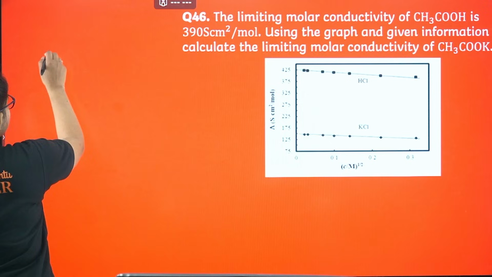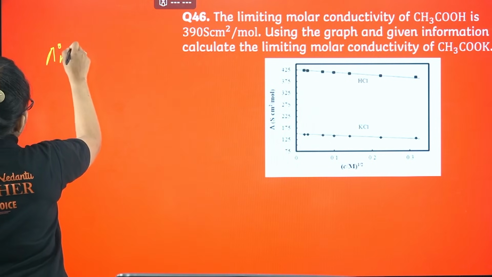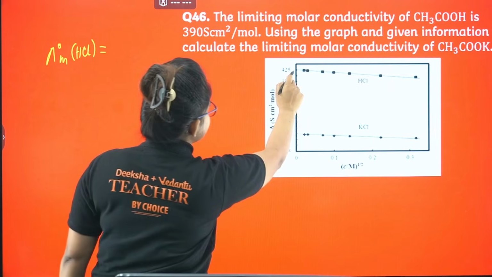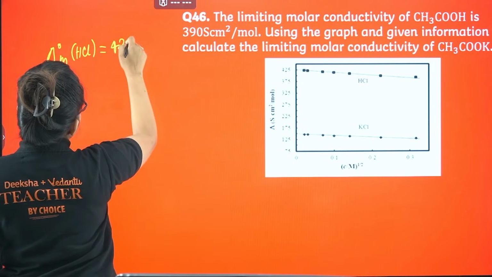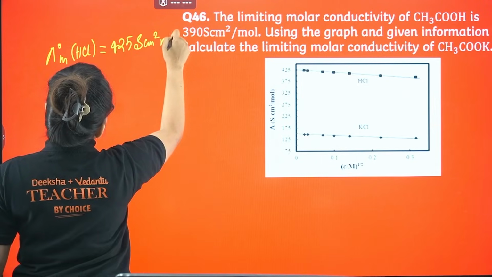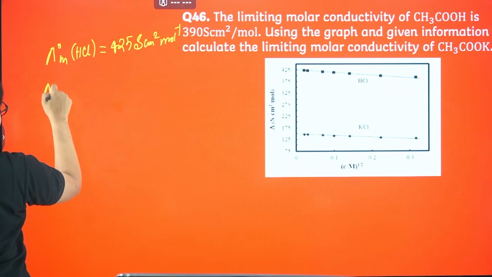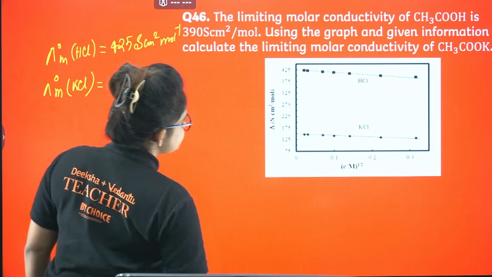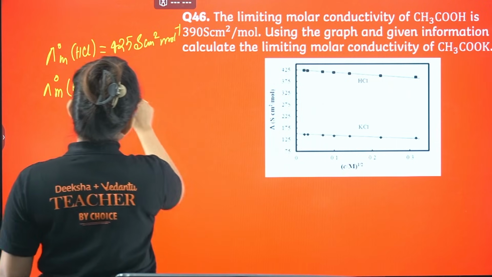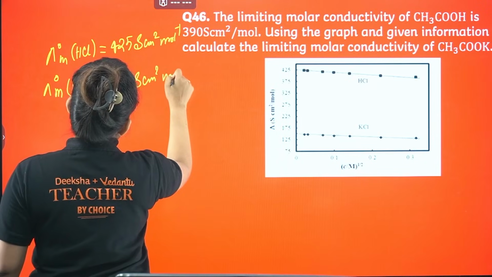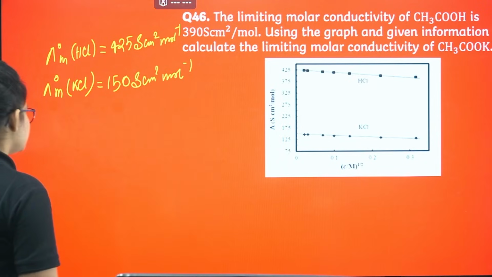So the limiting molar conductivity of HCl, if I want to find out, it will be the intercept, that is 425 Siemens centimeter square mole inverse, right? Now for the lambda m0 for KCl, that is also given. That is basically in between 125 and 175. So I can take 150 Siemens centimeter square mole inverse, right?